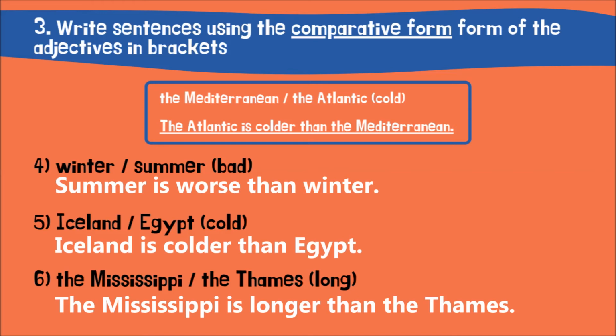Okay, so write your answer in the correct sentence. The Mississippi is longer than the Thames. Okay, the Mississippi lebih panjang daripada Thames. Okay, nama sungai dua-dua tu.